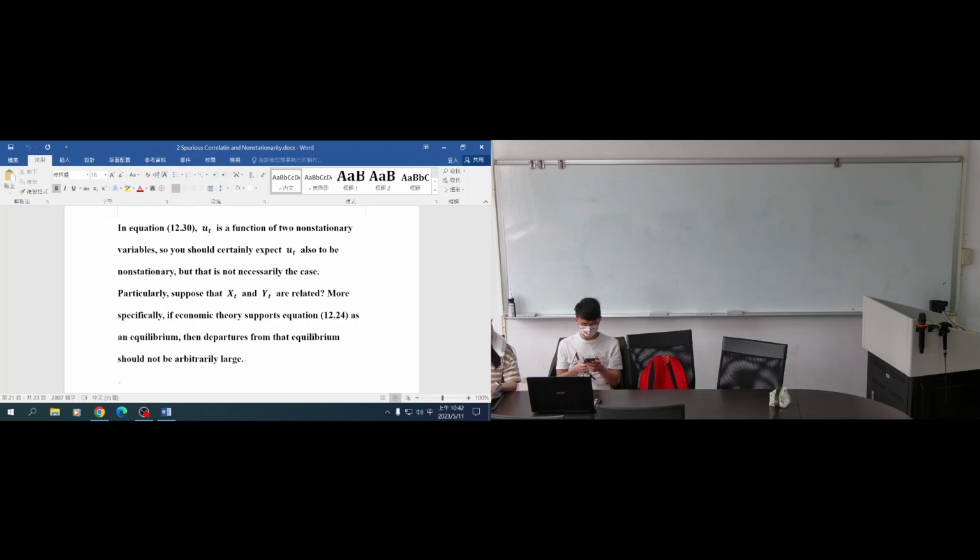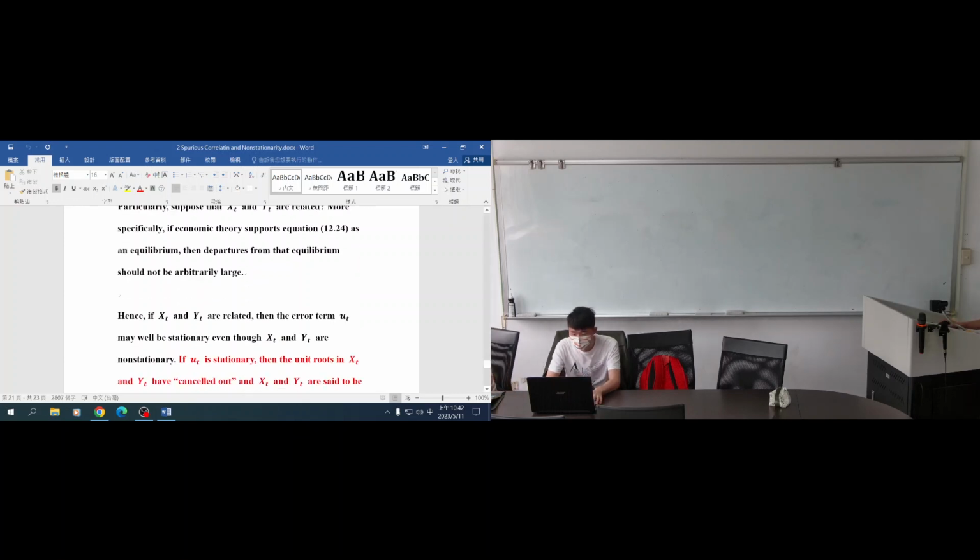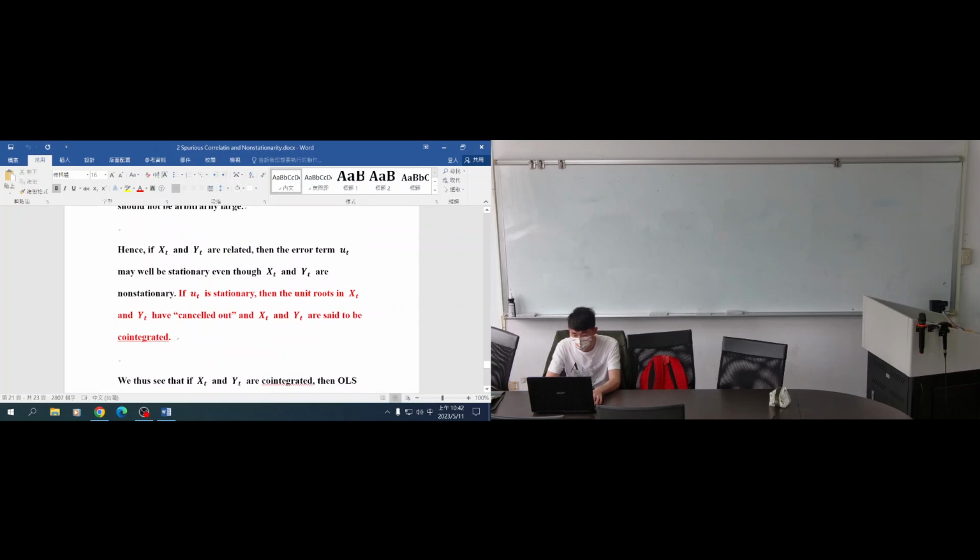Then if economic theory supports that equation as an equilibrium, departures from equilibrium should not be arbitrarily large. In other words, ut is the residual, so if xt and yt are related, the error term ut may well be stationary, even though xt and yt are non-stationary.